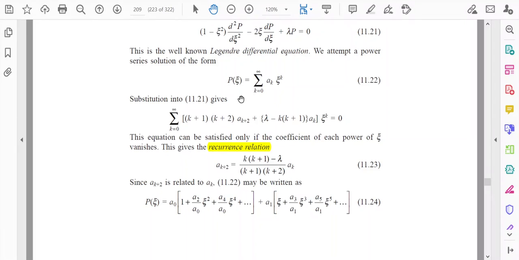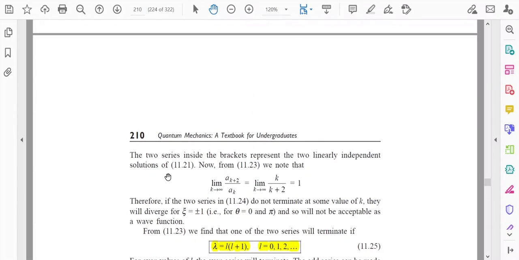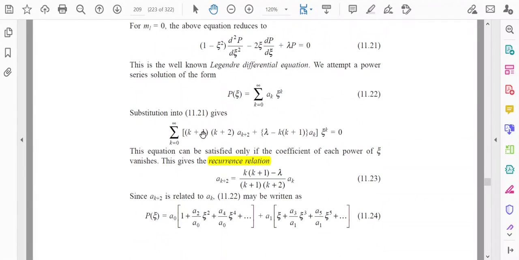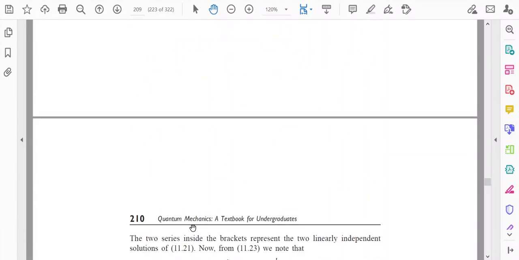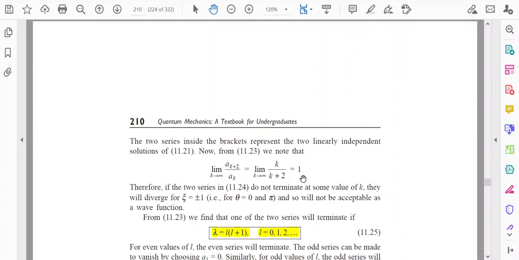So the solution P of zeta can be expressed in two series: the first consisting of a0 terms, and the second of a1 terms. The two series inside the brackets represent the two linearly independent solutions of equation 11.21, the Legendre differential equation.